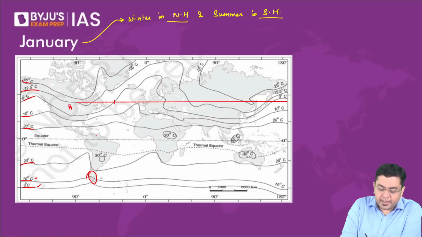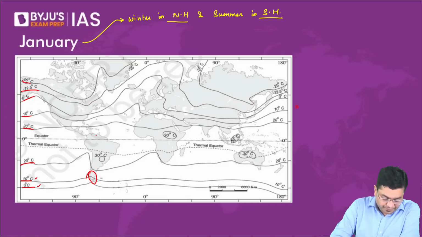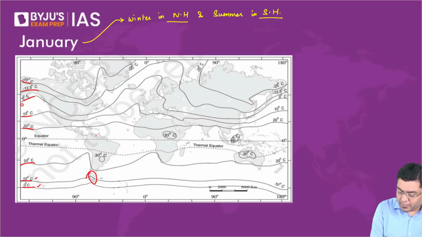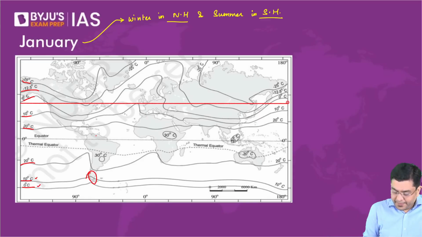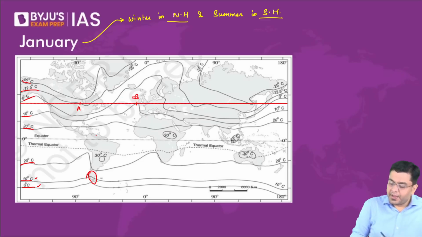So let me try to have a greater contrast here. Okay. Now, let's consider this place as A. Let's consider this place as B.